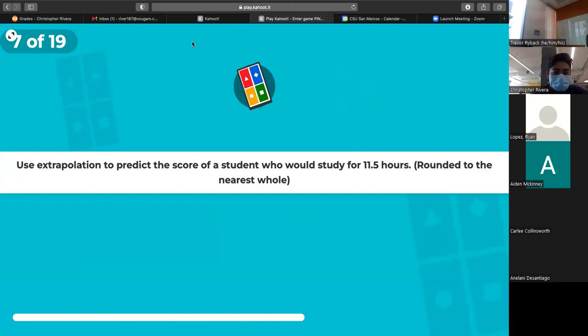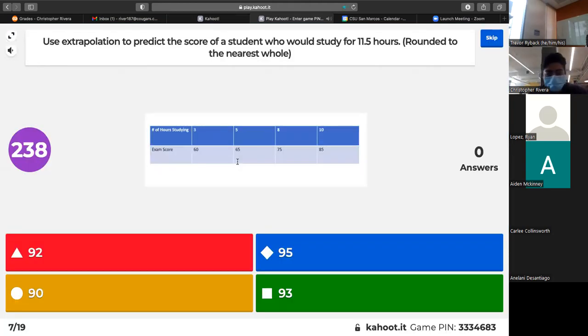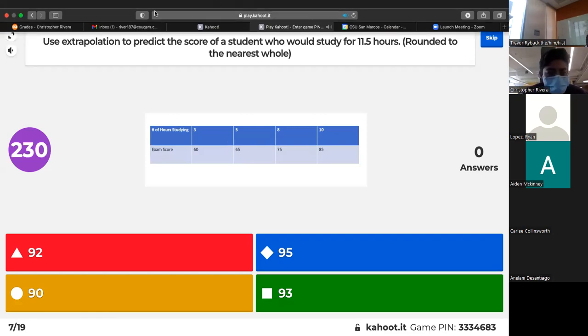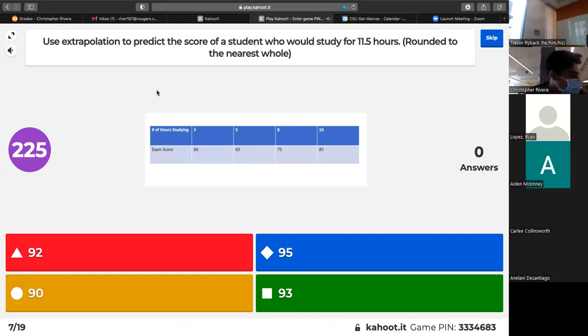Okay, this one's gonna be a bit harder because it uses extrapolation, but you guys can do it for sure. If this one's difficult for you, because I know it's a bit more difficult, I'll give you the formula.